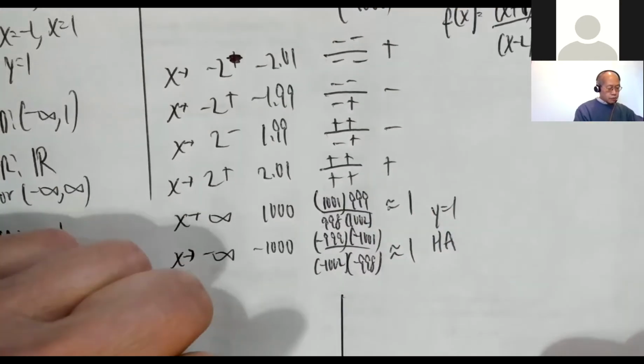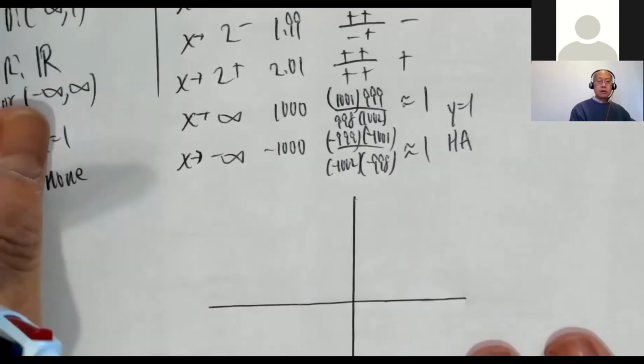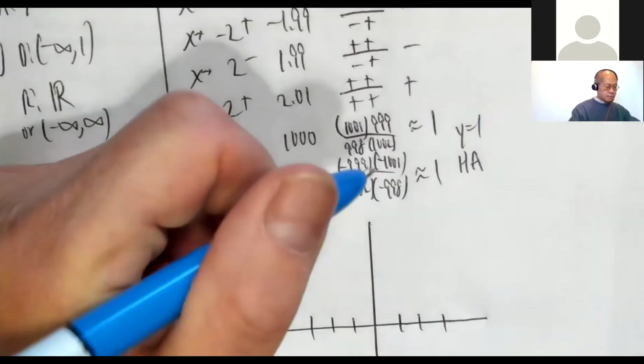So here's how the sketch would work, and then I'll quit. So VA, vertical asymptote at -2 and +2. 1, 2, 3, 1, 2, 3.